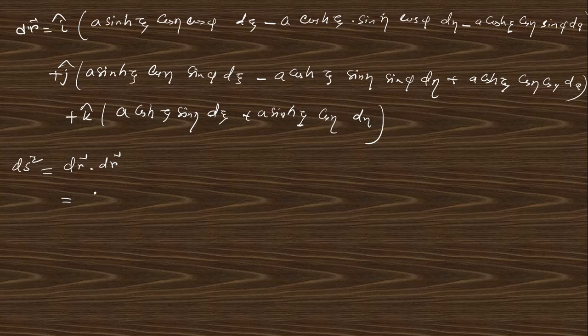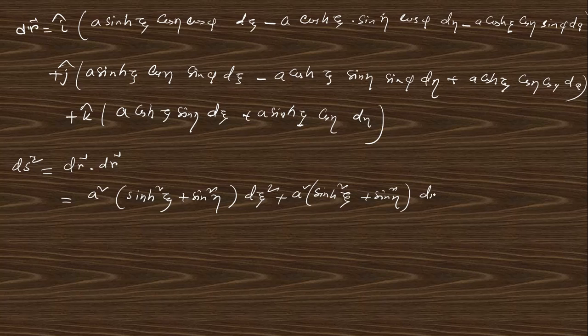Just do it yourself and I think you will get the answer, that is a square sine hyperbolic square xi plus sine square eta d xi square plus a square sine hyperbolic square xi plus sine square eta d eta square plus a square cos hyperbolic square xi cos square eta d phi square.